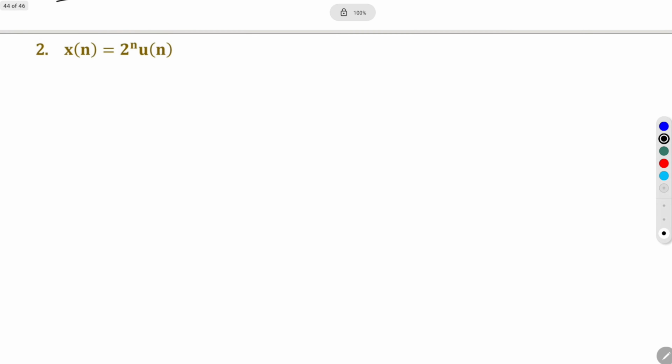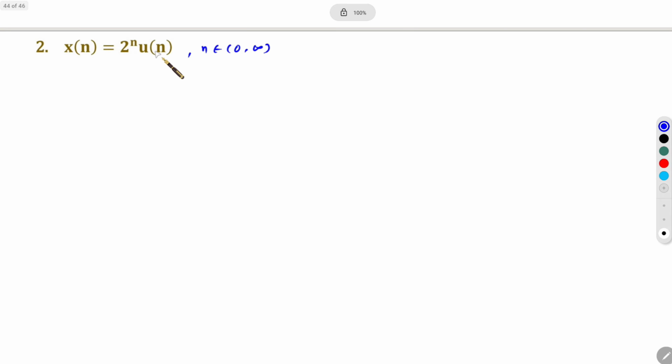Now if you observe, the second signal is x[n] equals 2^n u[n]. Right. Now here, if you carefully observe, we have a signal that is 2^n u[n], means here small n is there from 0 to infinity.